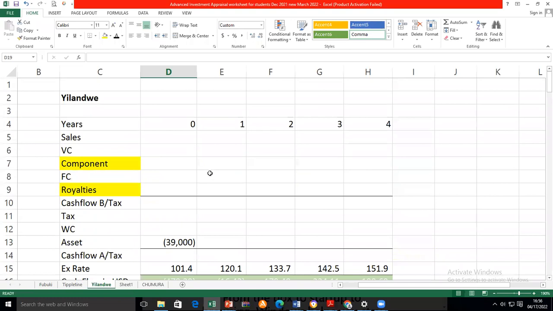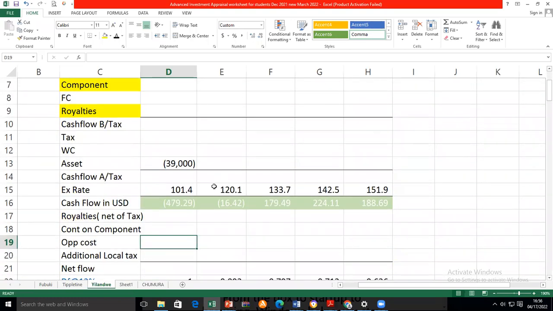Then we can now put in the other items. I've shown you how to work out working capital. Can you please individually quickly do a working for working capital so that we compare notes? Let's compare notes. Please, all of you get involved.